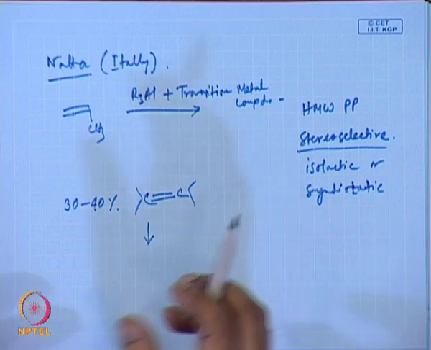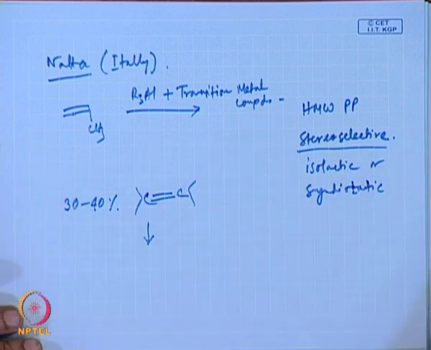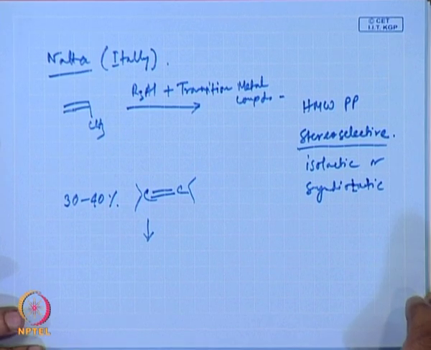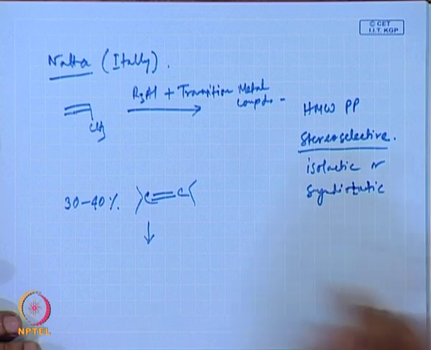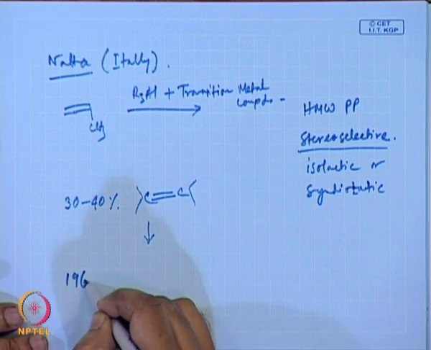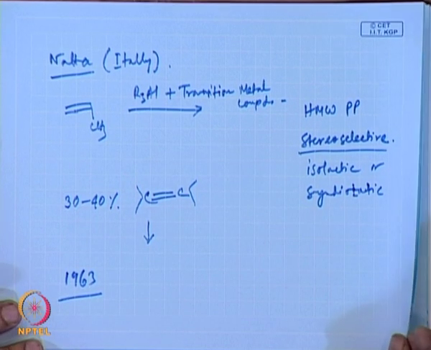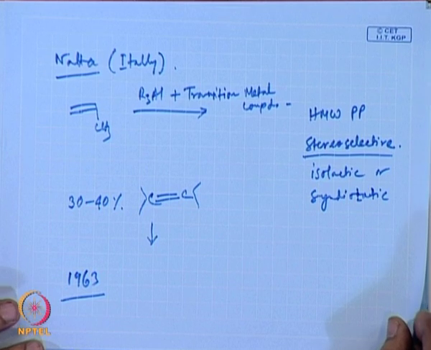So, imagine the tremendous effect this discovery by Ziegler and Natta has had. It made a huge contribution to polymer chemistry, which gave them recognition in 1963, when they were jointly awarded the Nobel Prize in Chemistry.